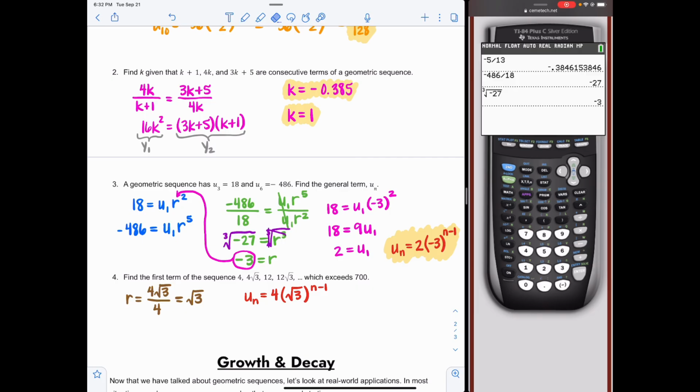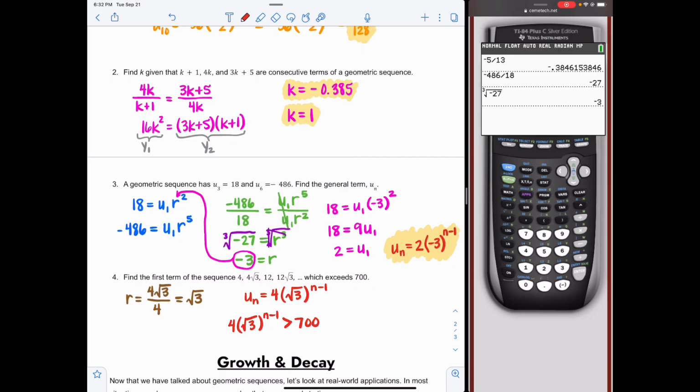So we want u sub n to be greater than 700. What I'm looking for is when 4 times the square root of 3 to the power of n minus 1 is going to be greater than 700.